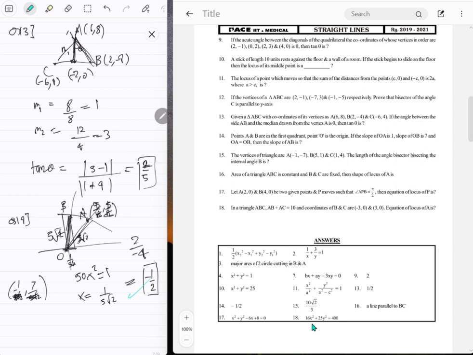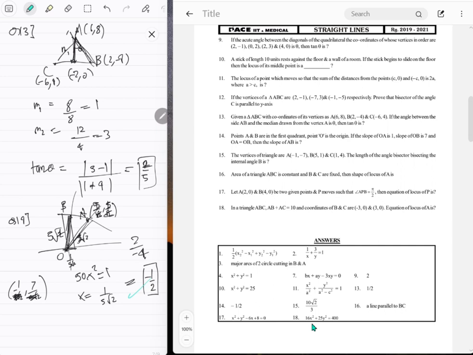The median drawn from vertex A. The median would be 2 minus 4, negative 6, 4, 6, 8. Yes, that's how it should be. So it really is just negative 2 comma 0. That's the midpoint. So that guy has the slope 8 upon 8, that's 1.